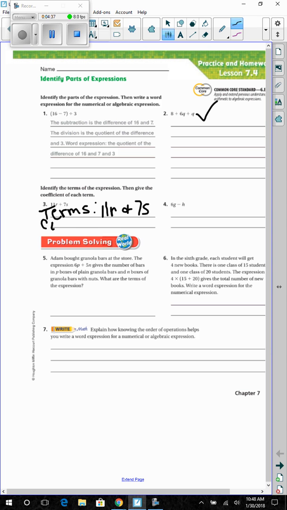The coefficient of 11r is 11. The coefficient is the number. And then I'm going to put C down here. That's going to stand for coefficient of 7s equals 7.